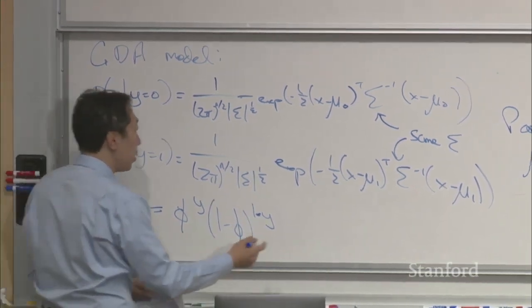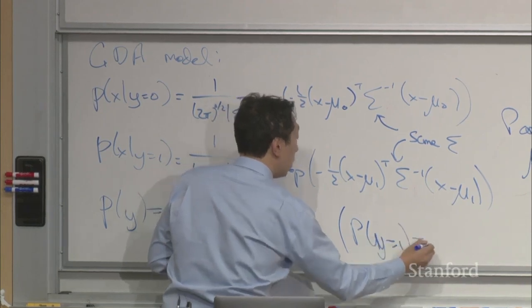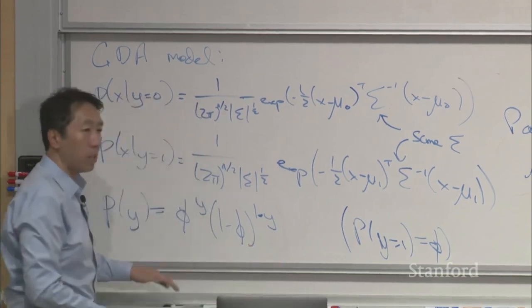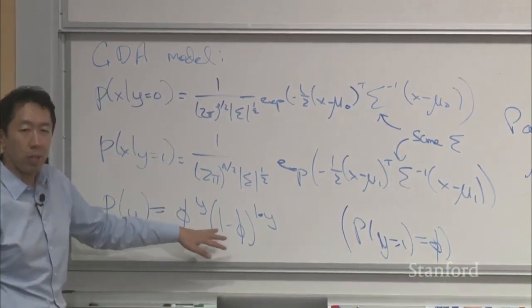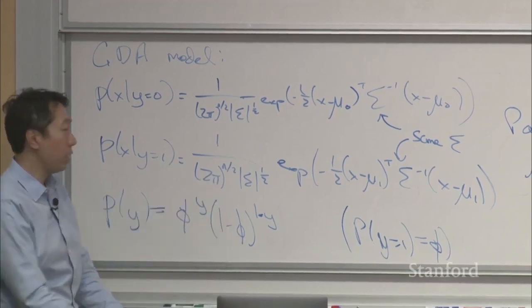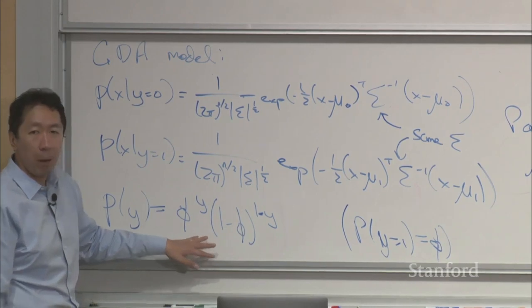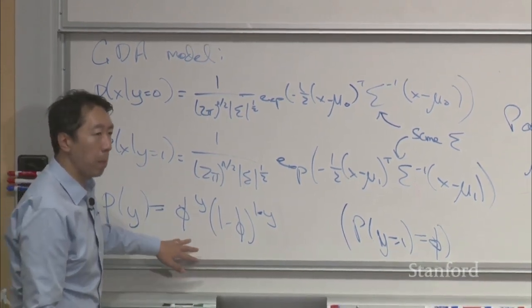But all this means is that probability of y being equal to 1 is equal to phi, because y is either 0 or 1. And so this is the way of writing probability of y equals 1 is equal to phi. Okay? And you saw a similar notation when we were talking about logistic regression, last Monday.